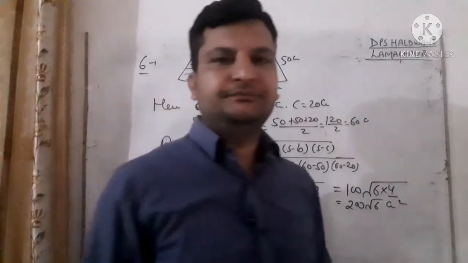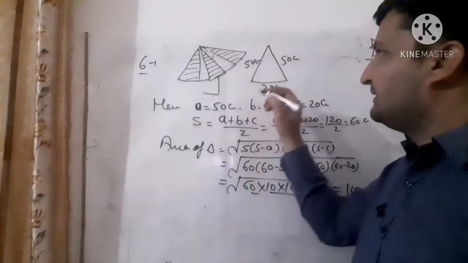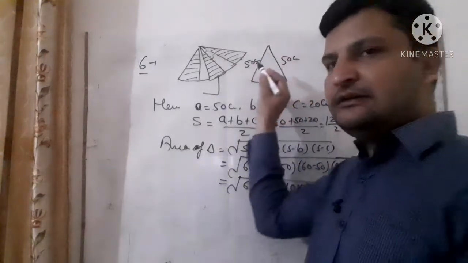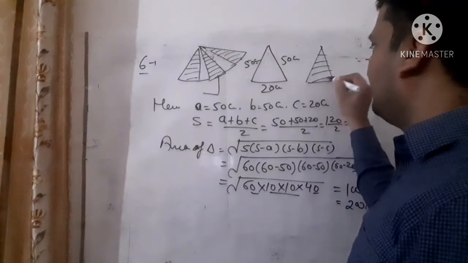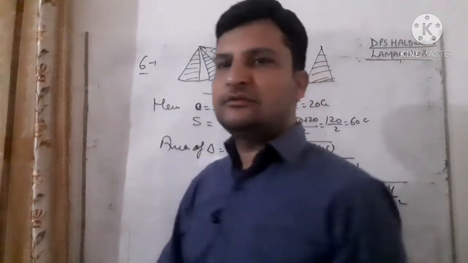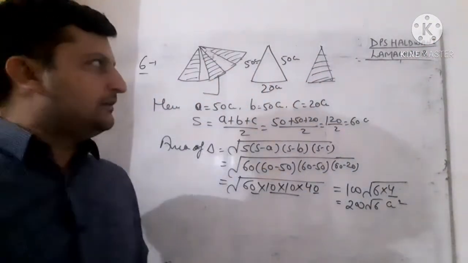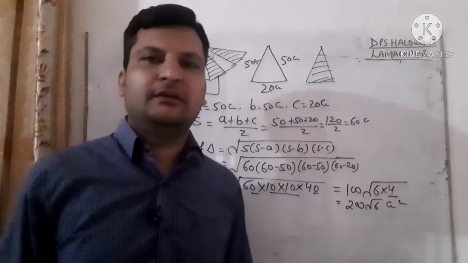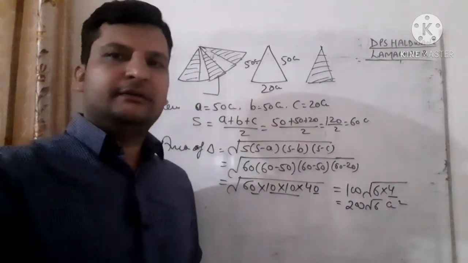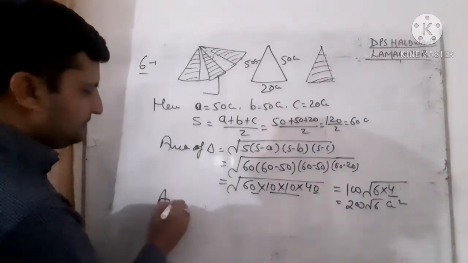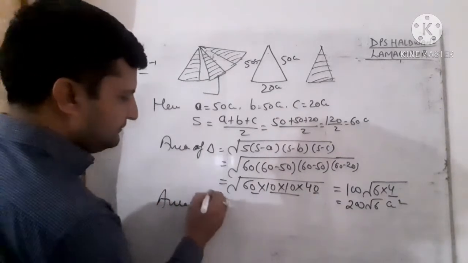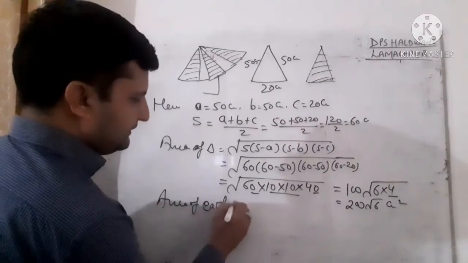Now students, each color is of 5 pieces. Suppose this is the unshaded region, this is of 5, and similarly this is the shaded region, this is also 5. So student, we have to find the area of the 5 pieces, means the area of each color.